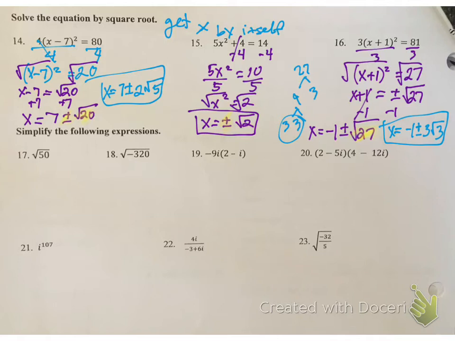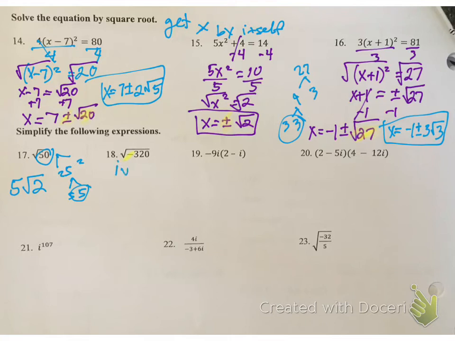Okay, so for 17 through 23, we're simplifying. Basically, think about the factors of 50. I have 25 and 2. So I can pull out a 5 square root 2. For number 18, I have a negative inside the square root, so it becomes an i.